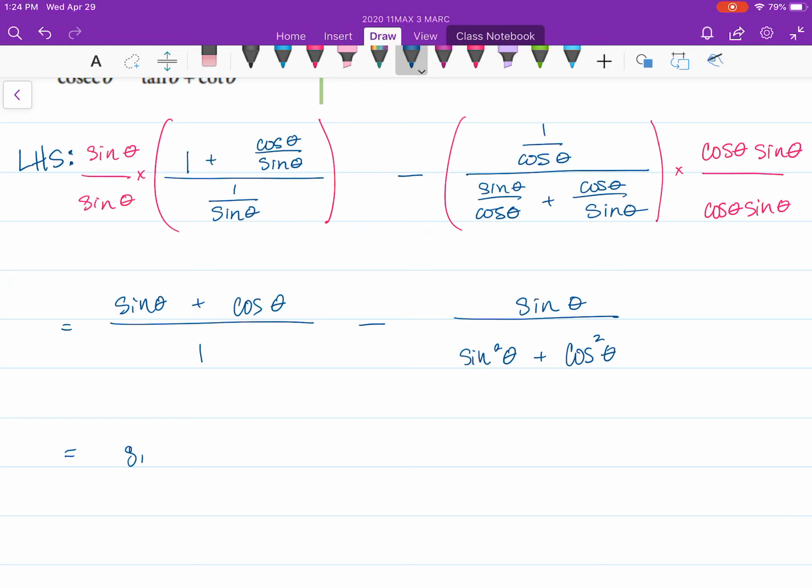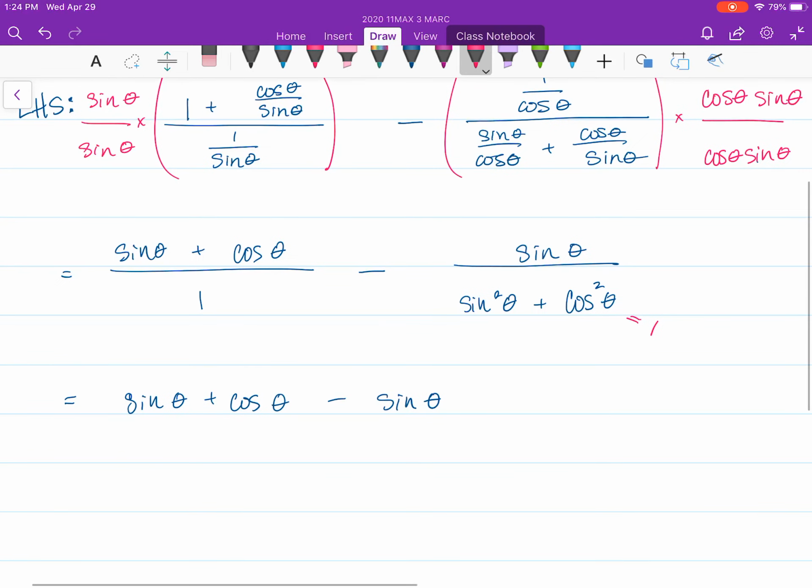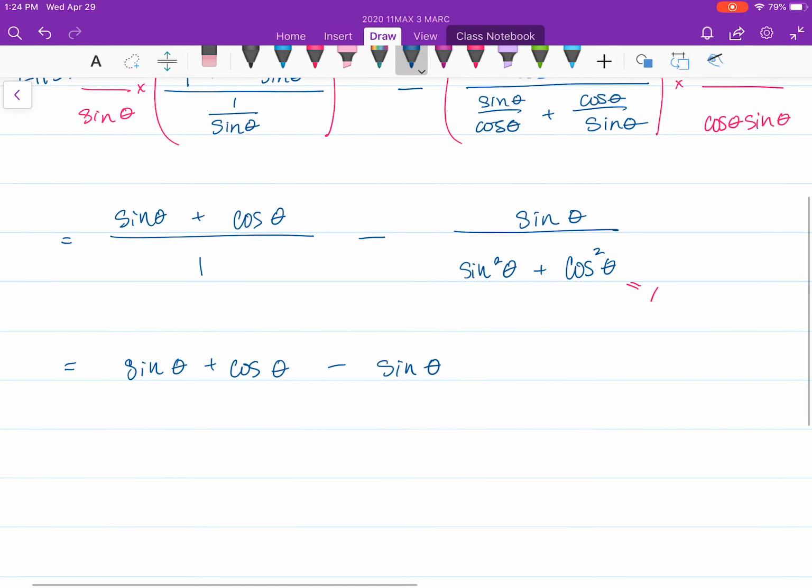So I end up with sine theta plus cosine theta from the first fraction minus sine theta from the second fraction, because that denominator, this one, equals 1 from the Pythagorean identities. Again, that one is explicitly on your reference sheet. And luckily, the sine minus the sine cancel, leaving me with cosine theta.